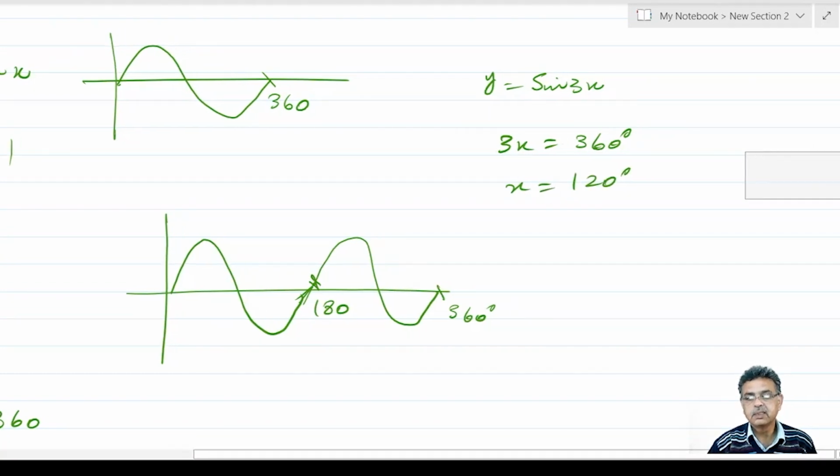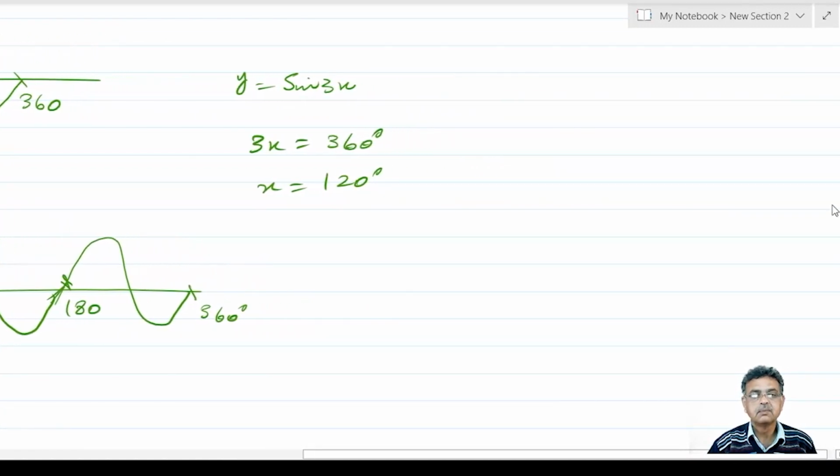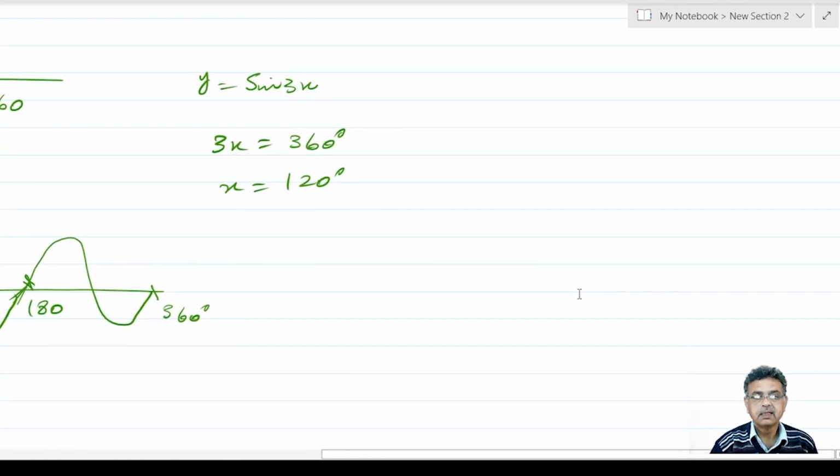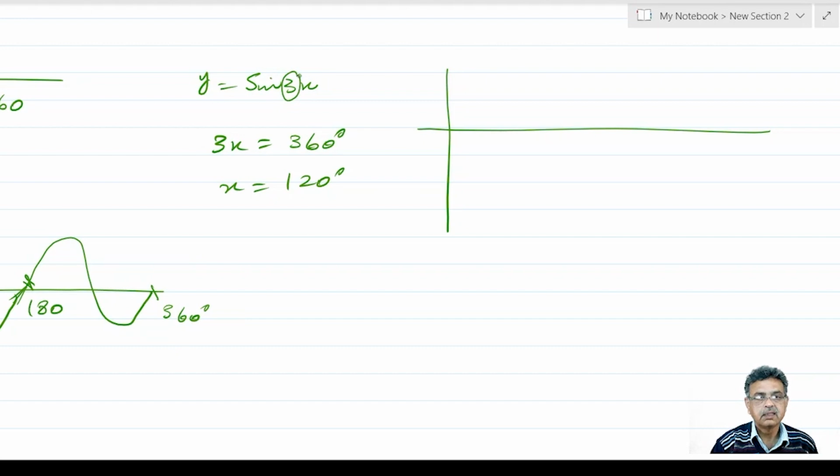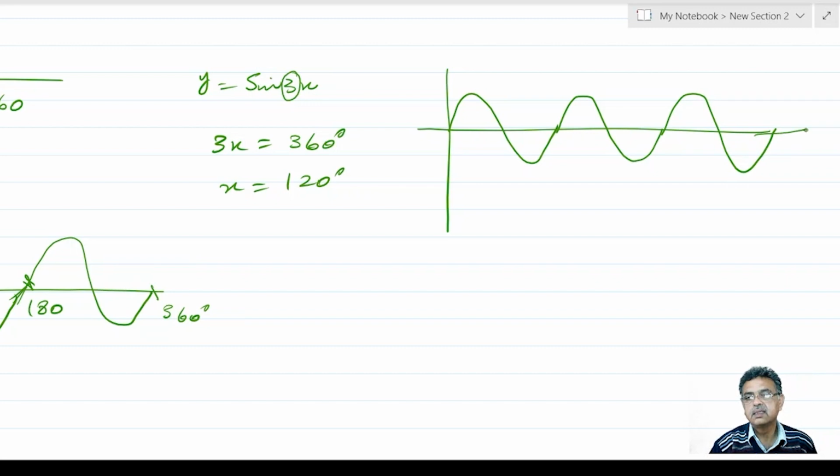Now we can consider both things. This 3 tells us that there will be 1, 2 and 3 cycles in 360 degrees.